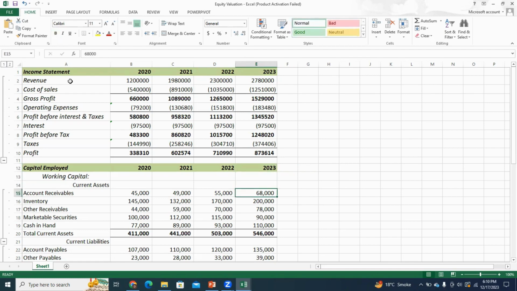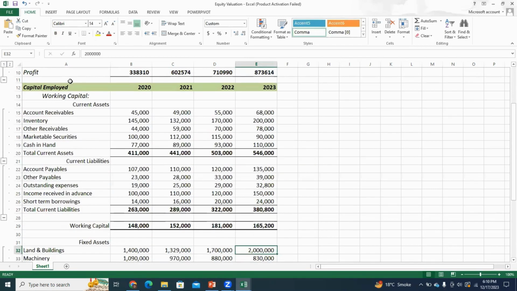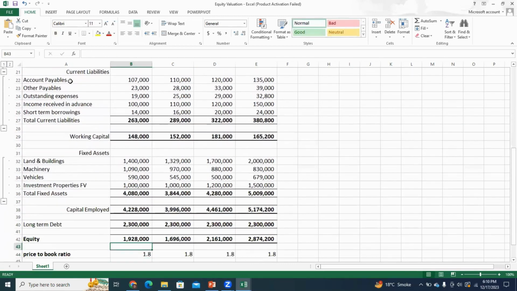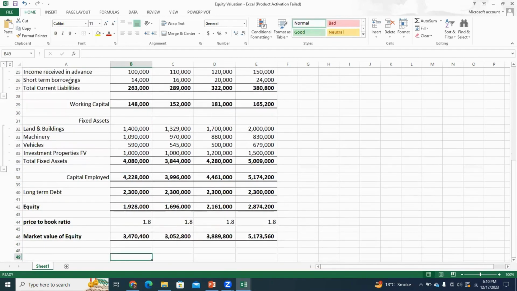It states current assets and current liabilities. There is a residual amount called the working capital. I have a fixed asset schedule here, and the fixed asset schedule plus my working capital gives my capital employed. I have my long-term debt, and then I get my equity.